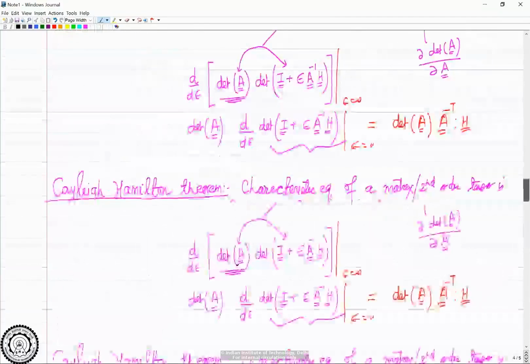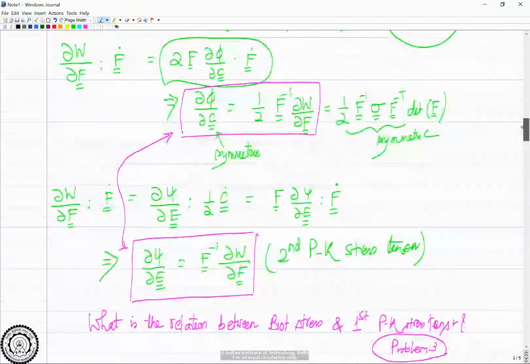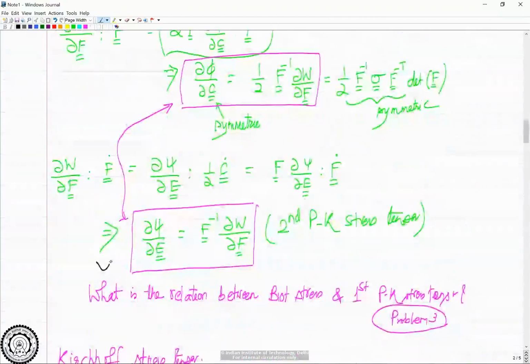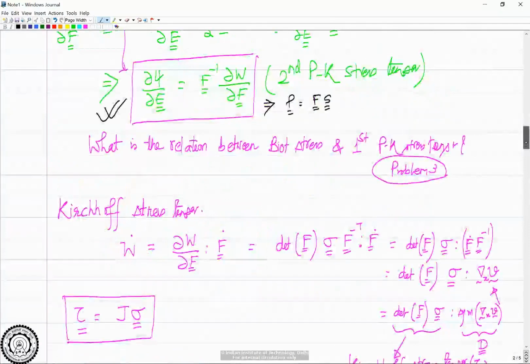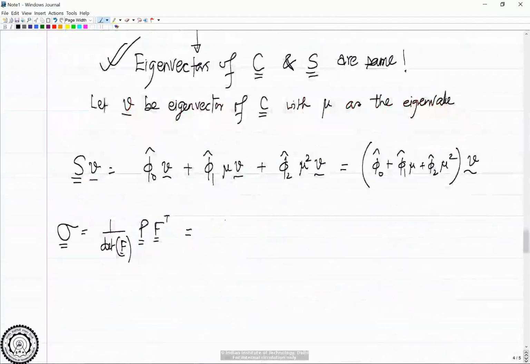We have to go back. So del W, del F, and S. So here it is: P is equal to F into S. So we get back, and this becomes 1 by det F into F into S into F transpose.